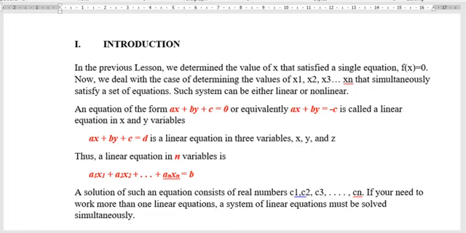Okay, from the previous lesson, we already determined the value of x that satisfied a single equation, f of x must be equal to 0. So now we will deal with the case of determining the values of x1, x2, x3 up to xn that simultaneously satisfy a set of equations. Such a system can be either linear or non-linear.